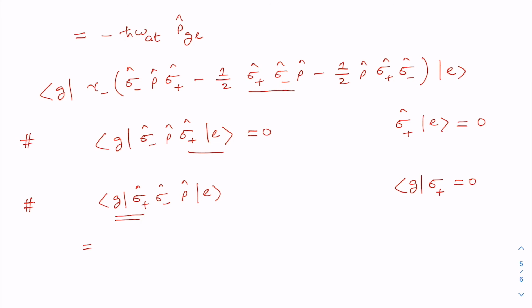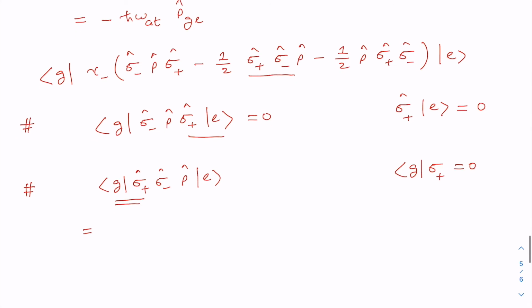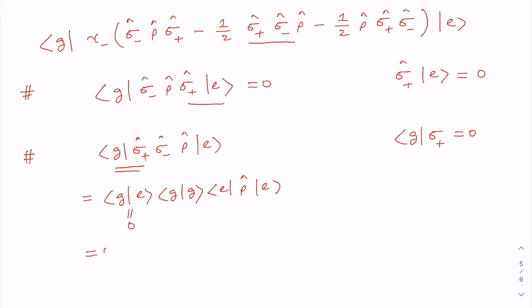Let me do it explicitly. You will have Z here, and sigma plus takes you from the ground state to the excited state, and sigma minus takes you from the excited state to the ground state, and you have rho E here, and because these are orthogonal, this is going to give me 0, so this will be simply 0.